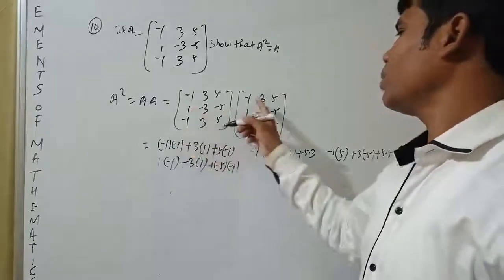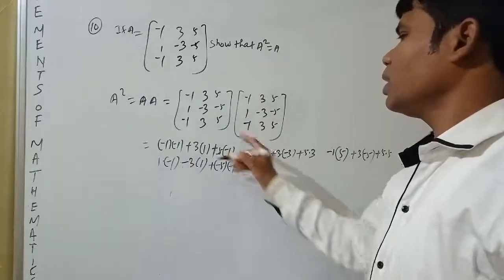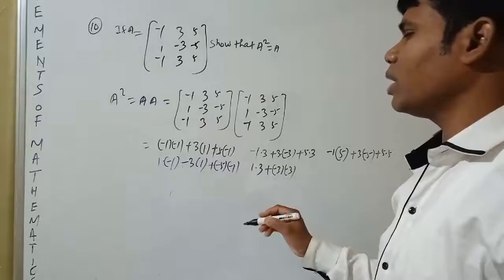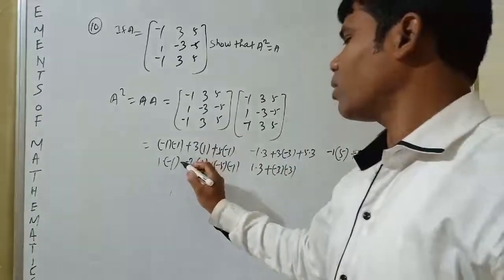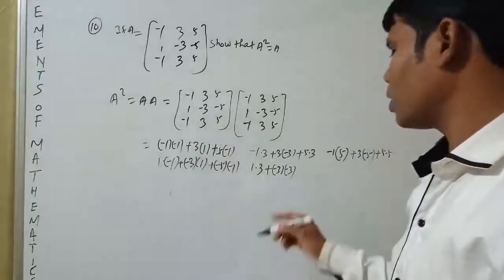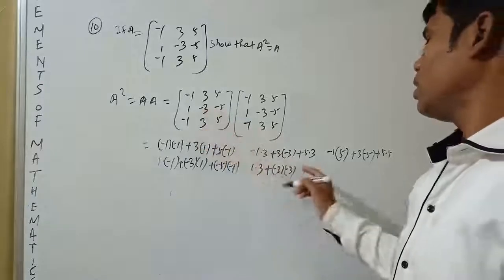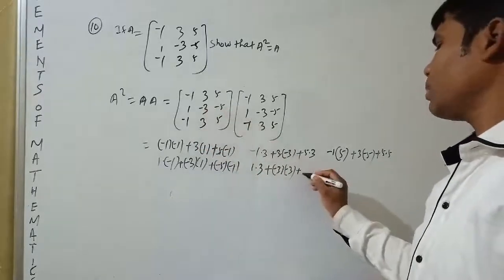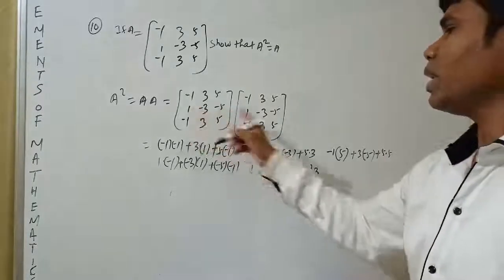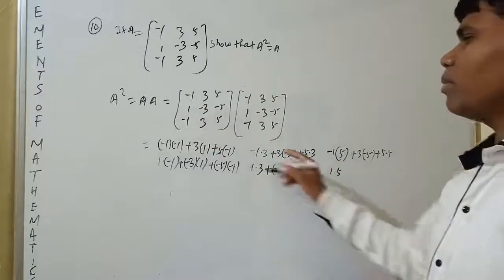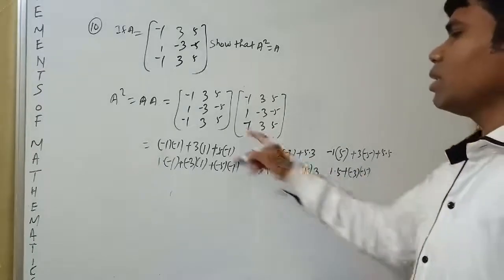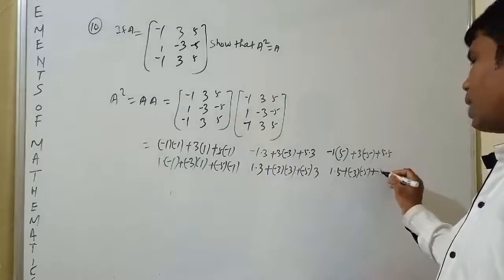Again you see 1 into 3 plus -3 into -3 plus -5 into 3. Again you see 1 into 5, -3 into -5, -5 into 5.